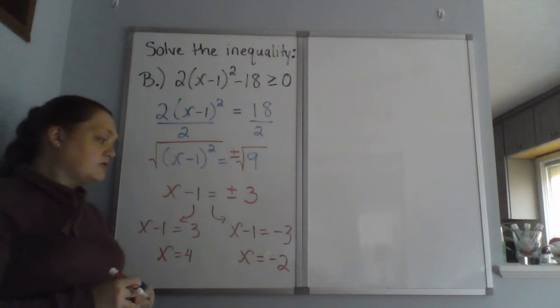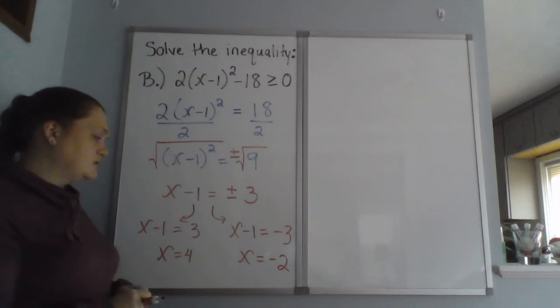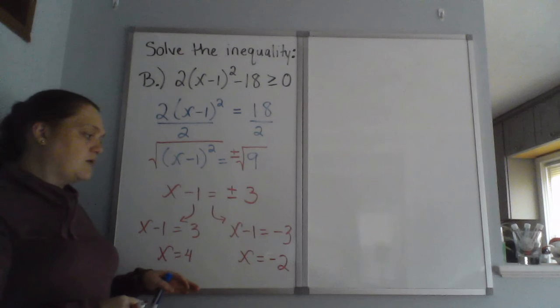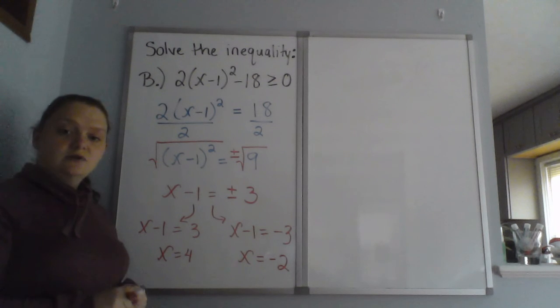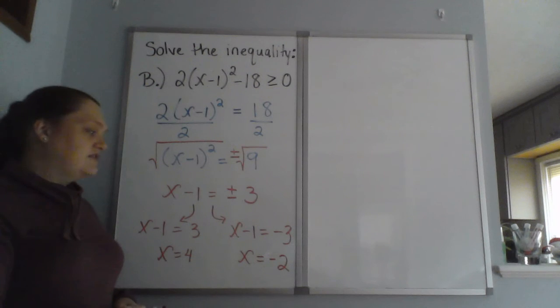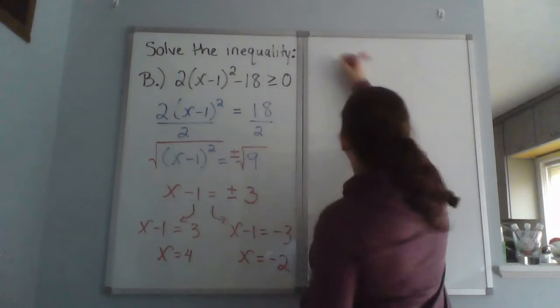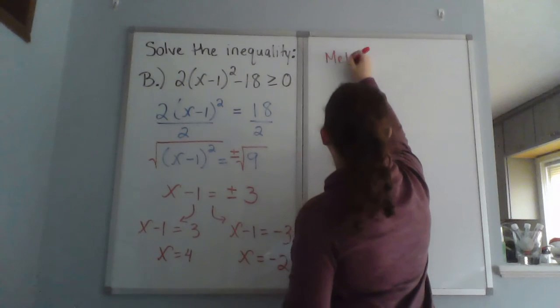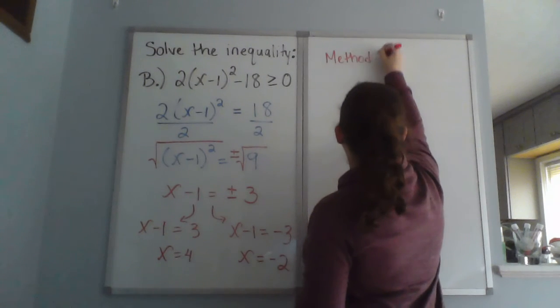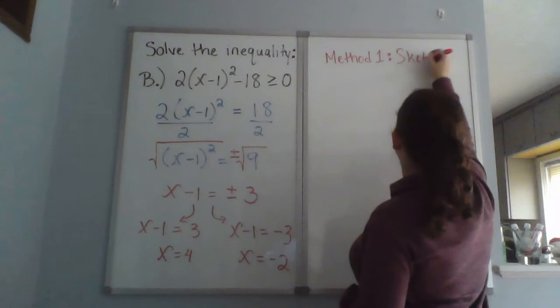And then we can go through our 2 different methods. So let's take a look first at how I could do this if I were going to sketch a graph and shade, and then the alternative is to test points, all right? So I'm going to go with method 1 over here, which was sketch and shade.